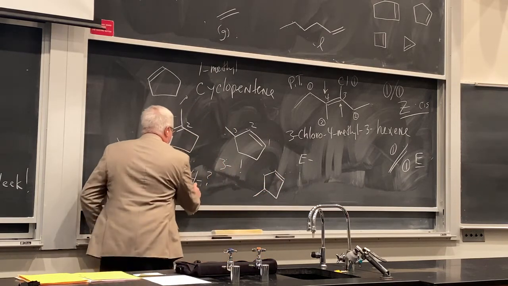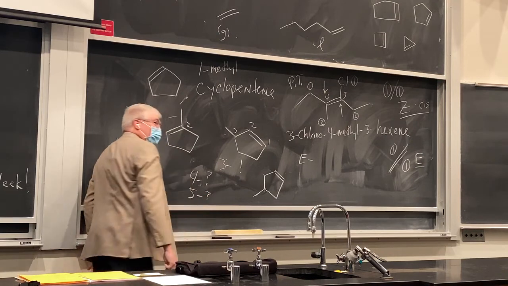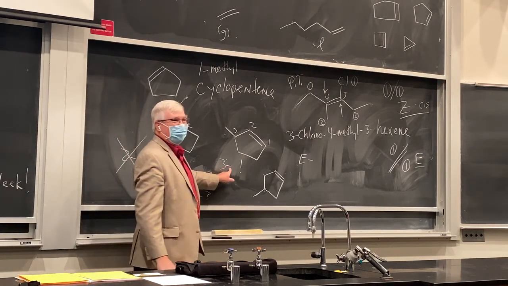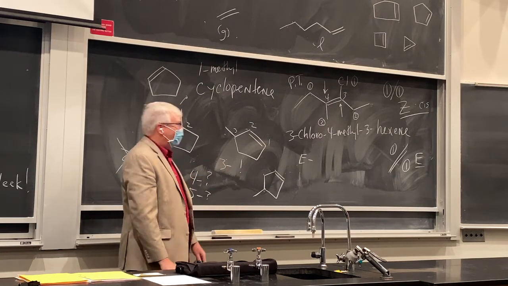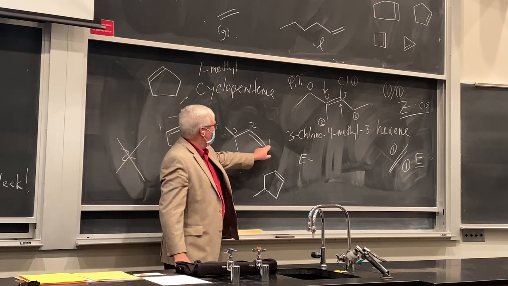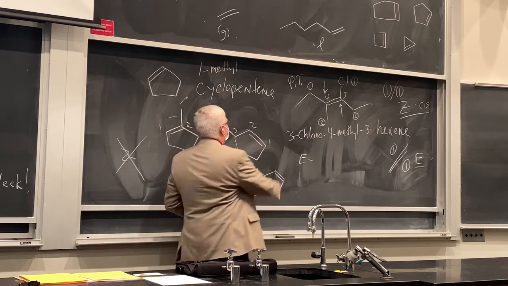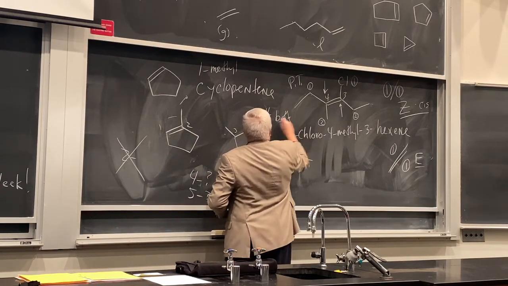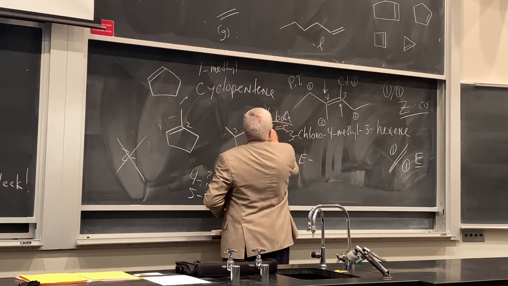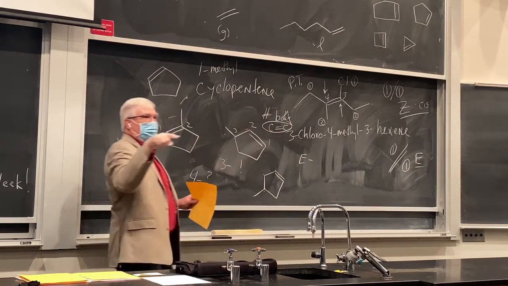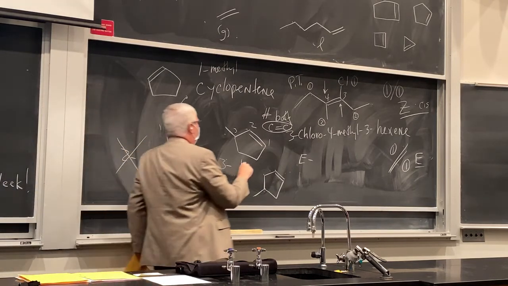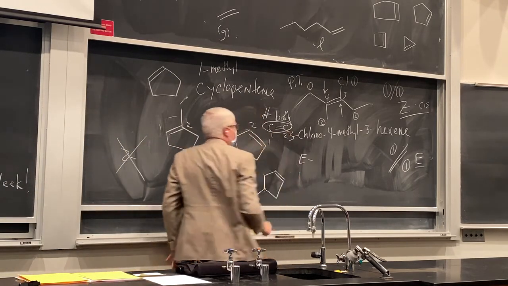Is there such thing as 5? No, that'd be the same as 3-methyl cyclopentene. So this idea, this rule of numbering through both carbons of an alkene, okay, and they're always 1, 2, and then whatever the substituents are relative to them, give the lowest number there.